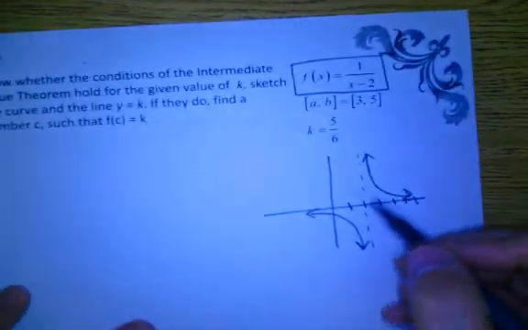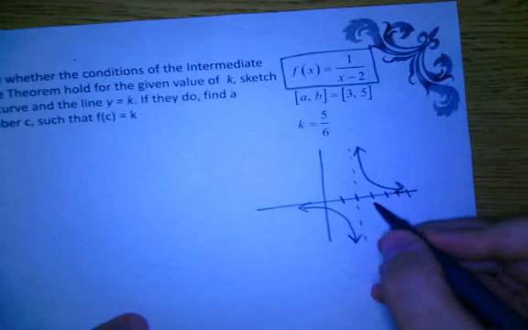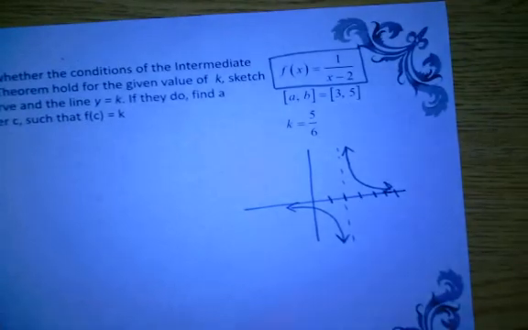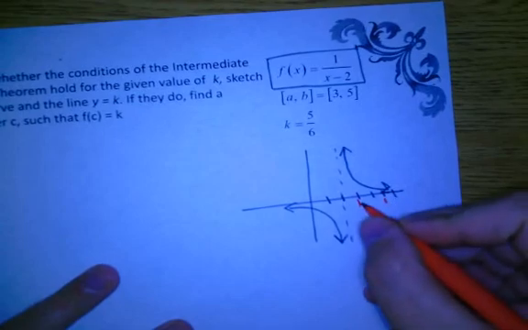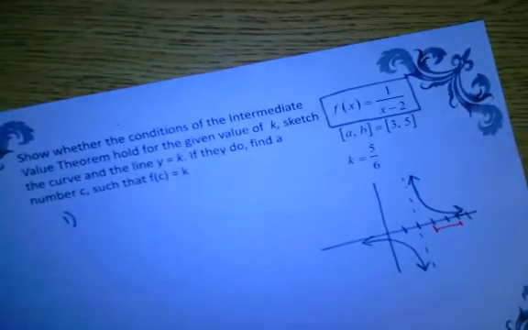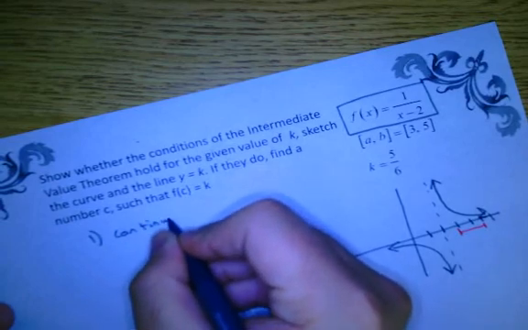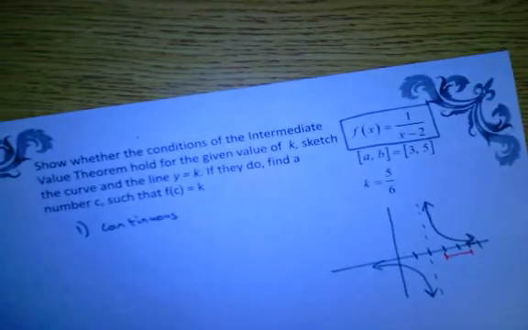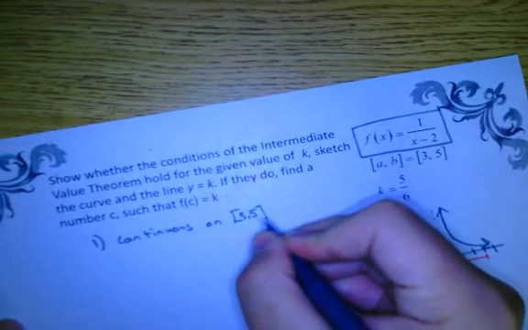So this function is not continuous, but look at my interval. It's between 3 and 5. So it's from here to here, and it is continuous on that interval. So it's important to state for the first one that the function is continuous on the interval. So the IVT can work.